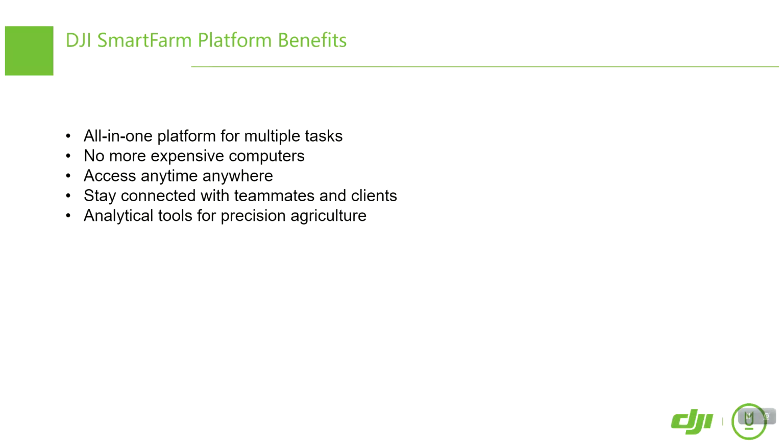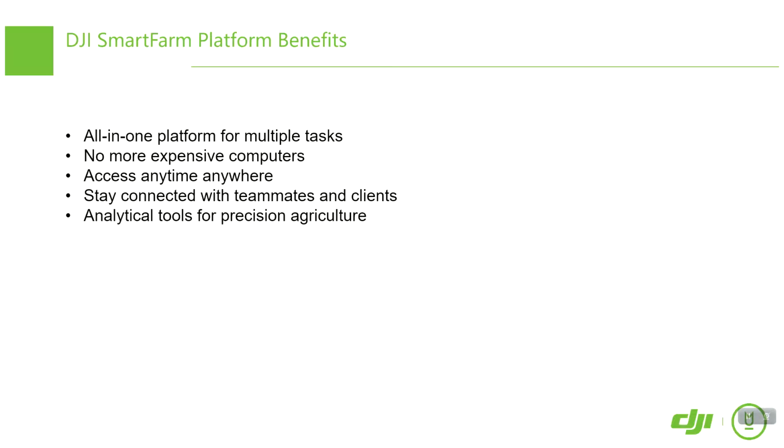Second, no more expensive computers, because all the computation and data storage happens on the cloud instead of relying on a local desktop computer. Third, access anytime and anywhere. Again, it's cloud-based, meaning that all the data that you upload and generate on the cloud can be accessed anywhere as long as you have a device that connects to the internet, such as our remote controller, which has a Grass app installed.